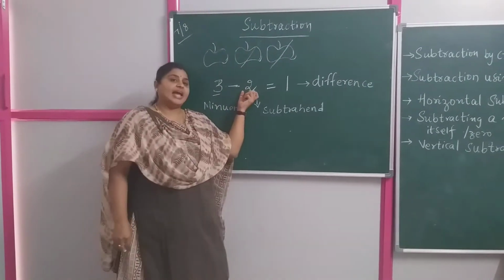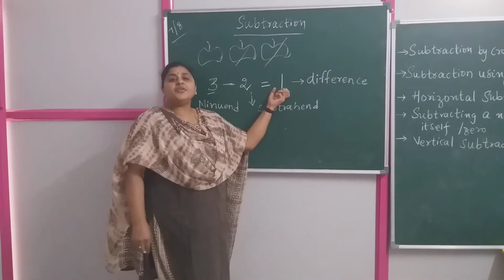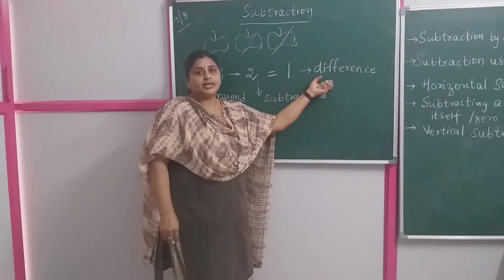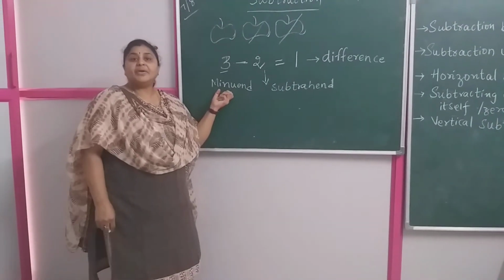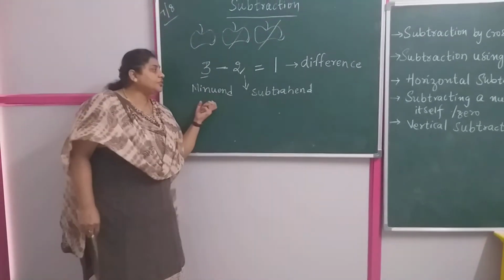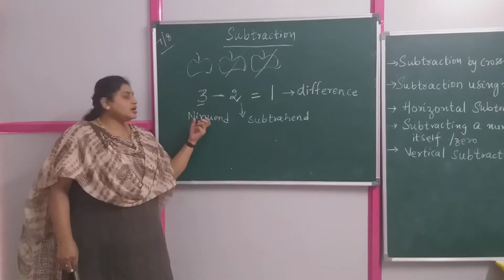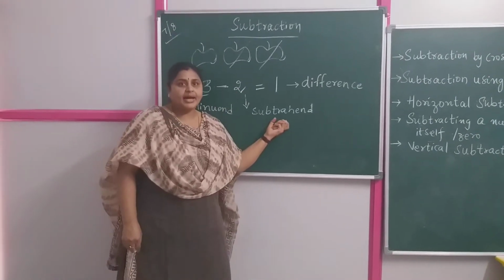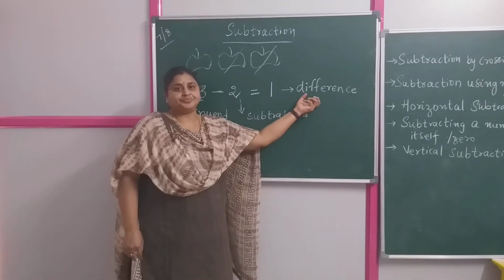The number that we subtract is subtrahend, and the answer we get on subtracting the 2 numbers is called difference. Minuend is always bigger than the subtrahend. Don't get confused between minuend and subtrahend. When you are subtracting, the first number is the minuend, the second number is the subtrahend, and the answer is the difference.